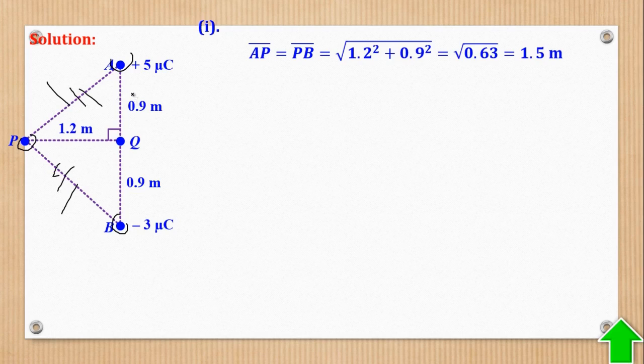I think you realize that this line perpendicular bisects this and this, meaning even this will be equal. Therefore PA and PB are the same, and they will be got by Pythagoras theorem of any one of the triangles. If I use this, it will be this squared plus this squared, everything under square root, to come up with 1.5 meter.